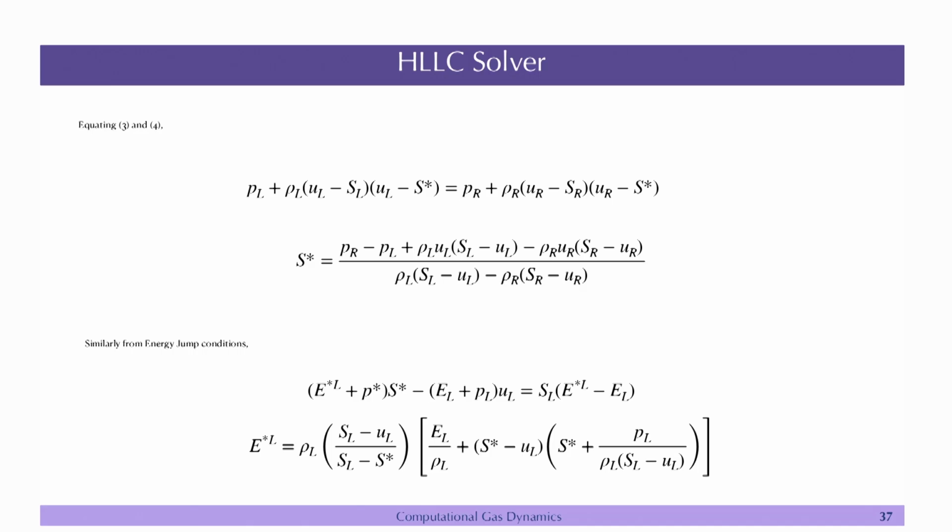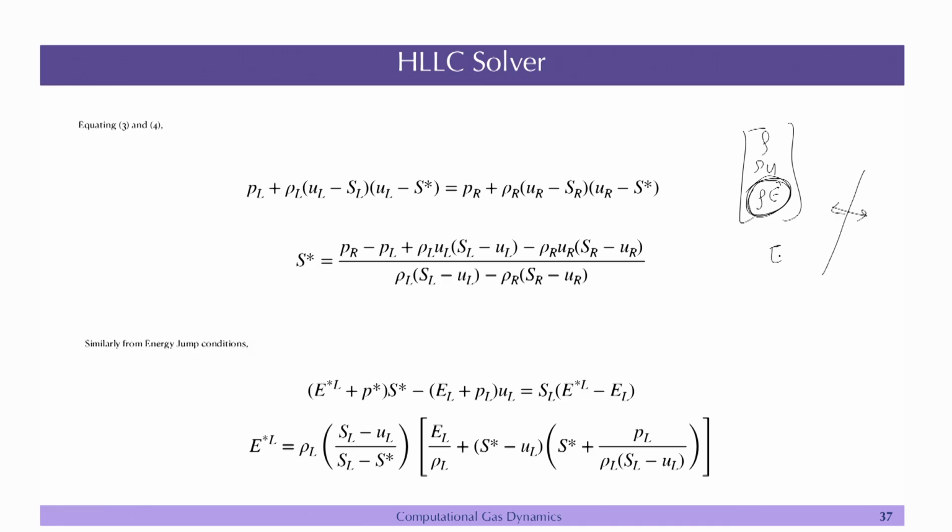So, if you look at the Euler equation, you have three equations. One is the mass, momentum, and then third is the energy, right. So, in this particular case, HLLC solver, because we are also considering the jump in the contact discontinuity, you have to have the unique jump in the E also.